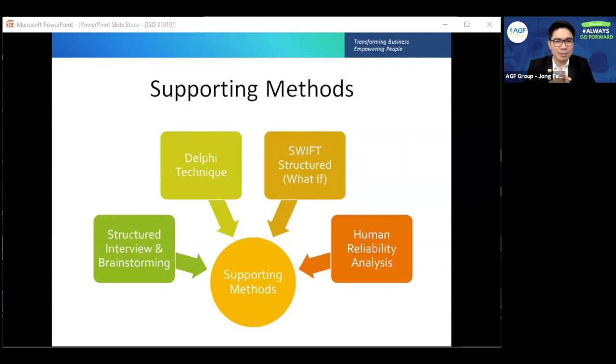Again, it's partly a combination of brainstorming, linked to total risk analysis. And as Sir Jong mentioned, human reliability analysis evaluates human error. The entire analytical tool is meant to understand the human involvement in what you do.